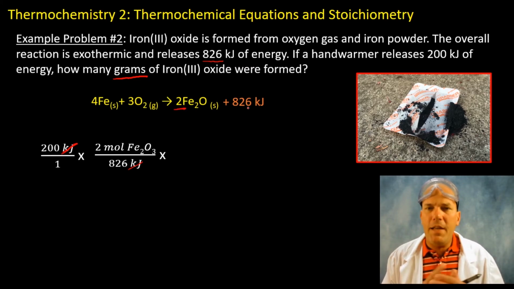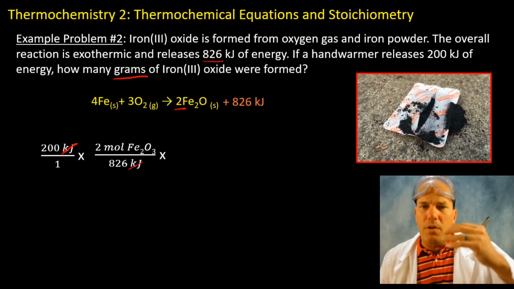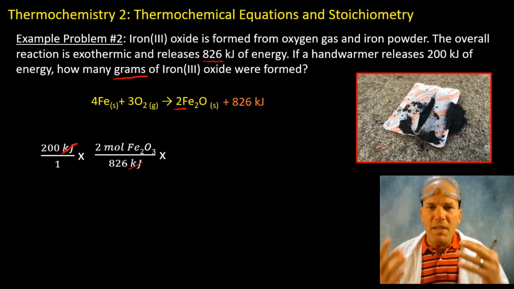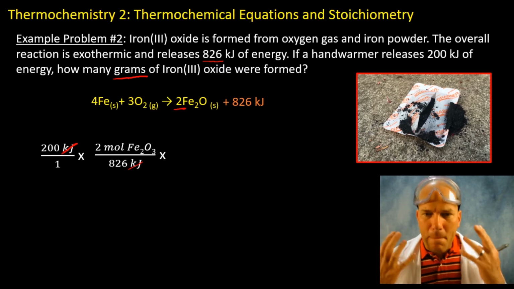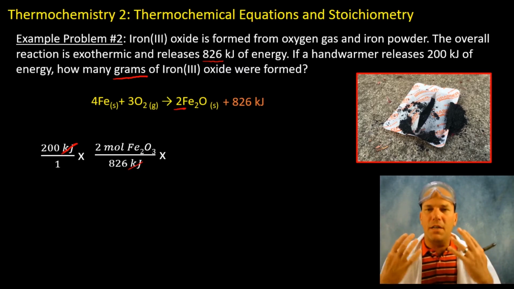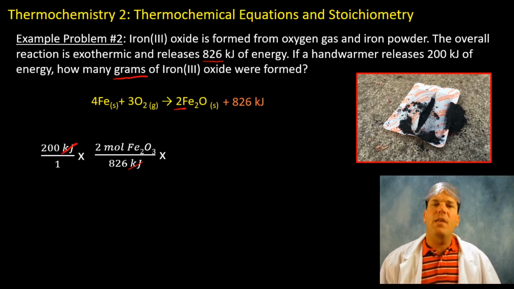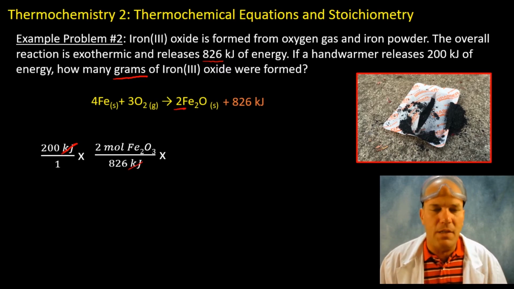All right, so that is that molar ratio on the mole map, moles of A, moles of B, except in thermochemistry, we're using the actual amount of energy. So we have our kilojoules that are being put into the dimensional analysis.